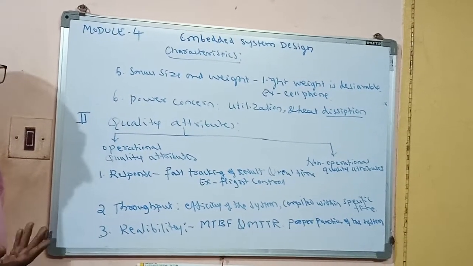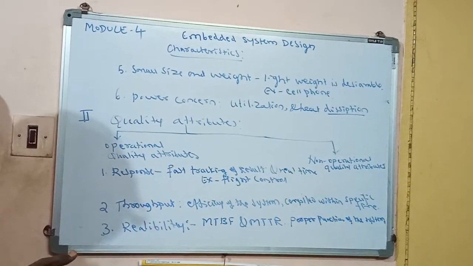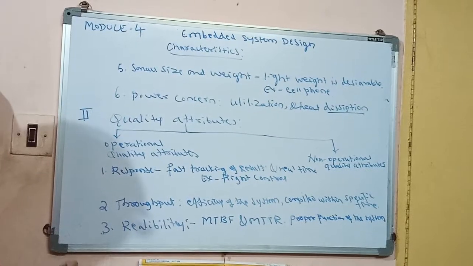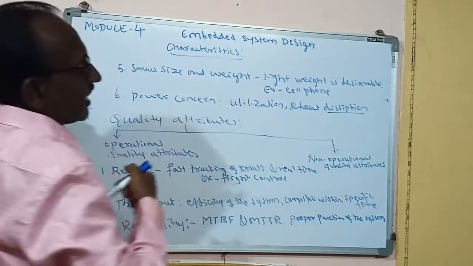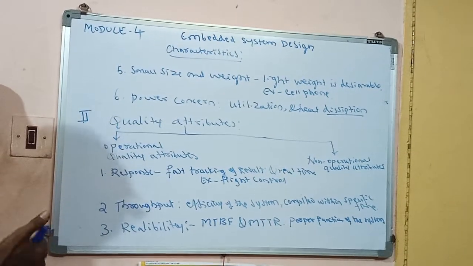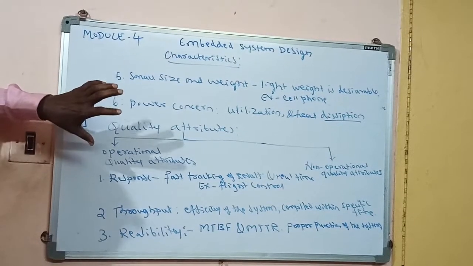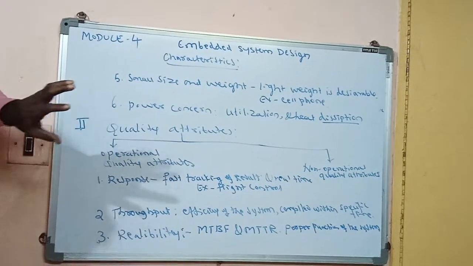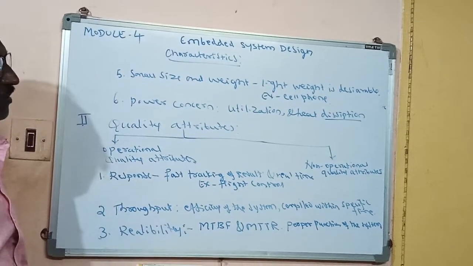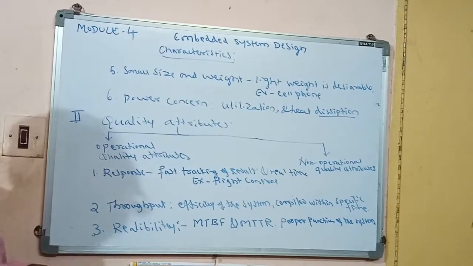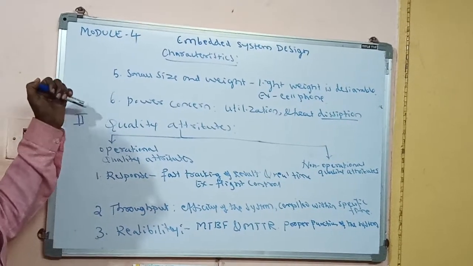You can access through the internet how much power is utilized, and based on the power, heat dissipation is another parameter, how much heat is dissipated. So the design engineer should consider these two parameters. We have to minimize power utilization, and it should not generate more heat in the system. These are two important characteristics we can apply in the embedded system.